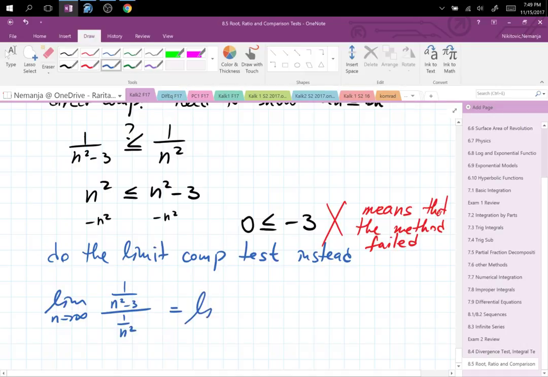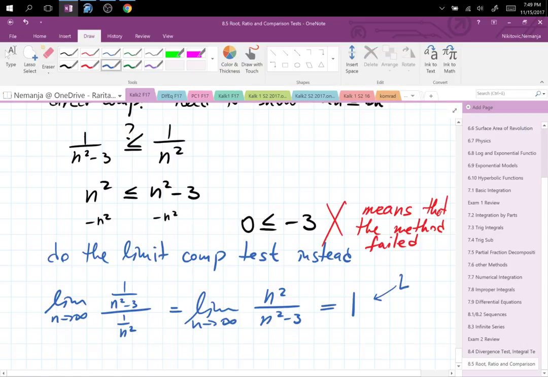Solve the double fraction there. That's going to give you n squared over n squared minus 3, and that limit is 1. You have a polynomial divided by a polynomial. They're both squares. Take their front coefficients. 1 over 1. Limit is 1.